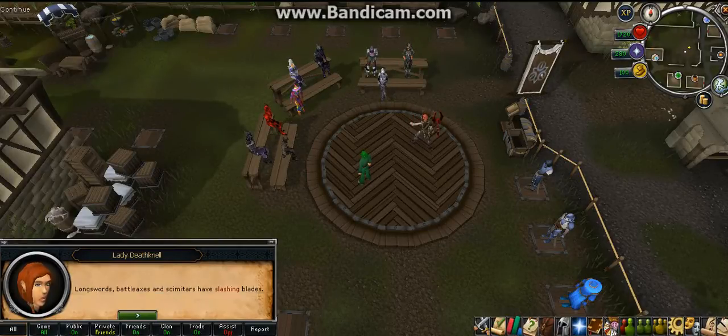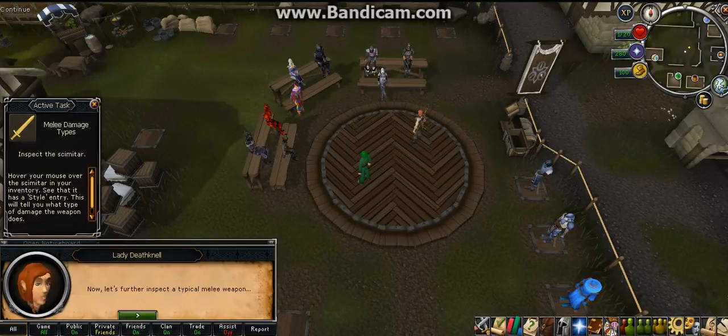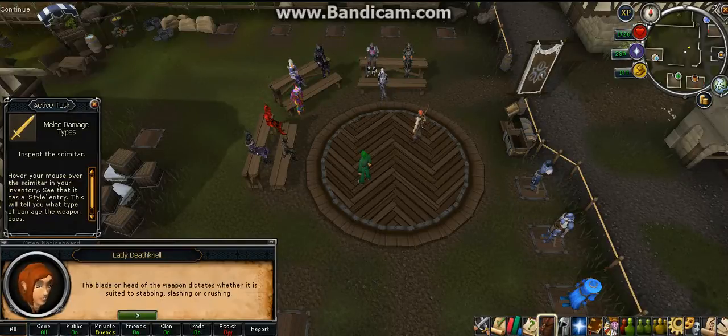Long swords, battle axes, and scimitars have slashing blades. Finally, maces, warhammers, and mauls have crushing heads. Now, let's further inspect a typical melee weapon. The blade or head of the weapon dictates whether it is suited to stabbing, slashing, or crushing.